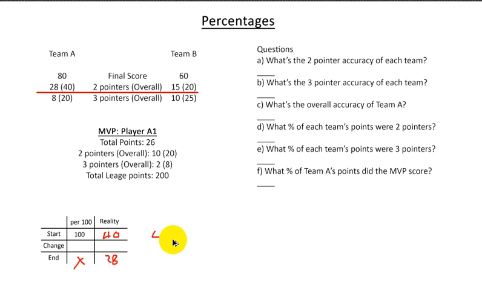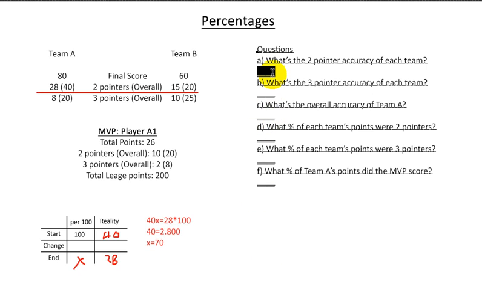Let's actually write this with text. 40x needs to be equal to 28 times 100. So 40x needs to be equal to 2,800. And if we do this, x equals 70. So we would say that Team A has an accuracy of 70% for two-pointers. And Team B, we're going to find out now.